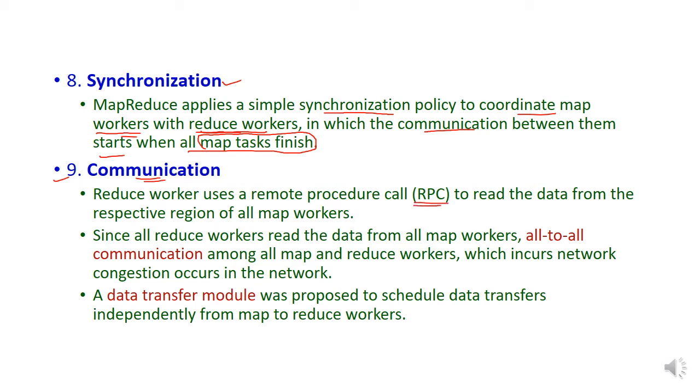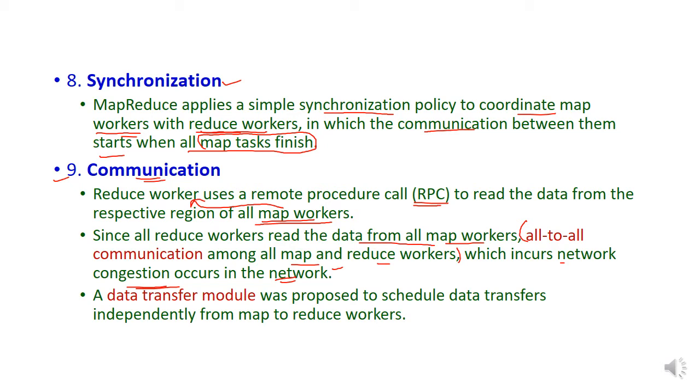Here the reduce worker uses RPC, that is remote procedure call, to read the data from the respective region of all map workers. So the map worker data is read by the reduce worker using RPC. Since all reduce workers read the data from all map workers, all-to-all communication among all map and reduce workers takes place, which incurs congestion on the network.